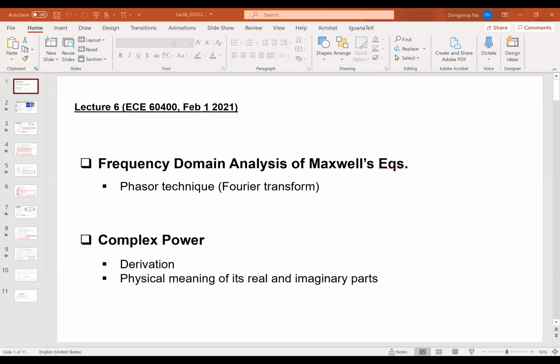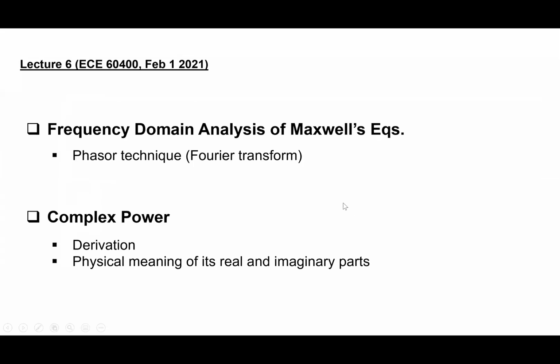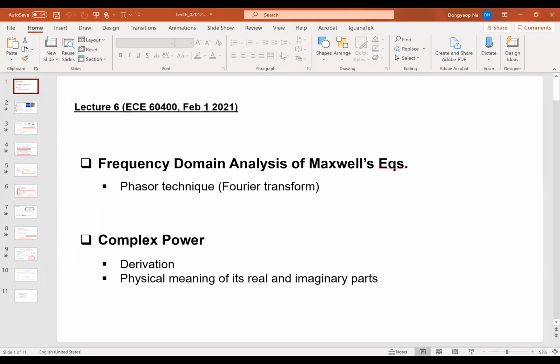By the way, if I make this one full screen mode, can you see this PowerPoint slide in the full screen mode? Yes. Okay. Yeah, that's good.